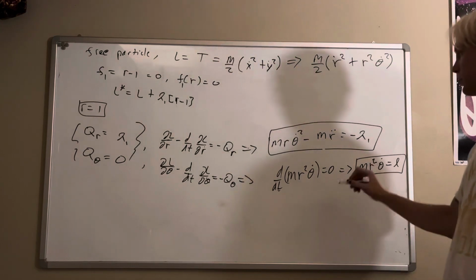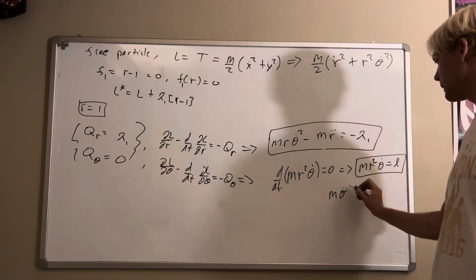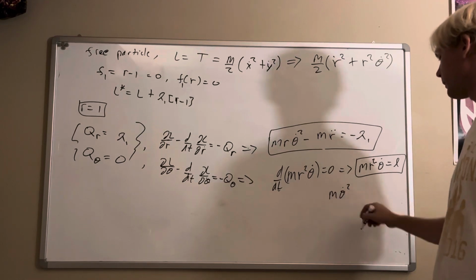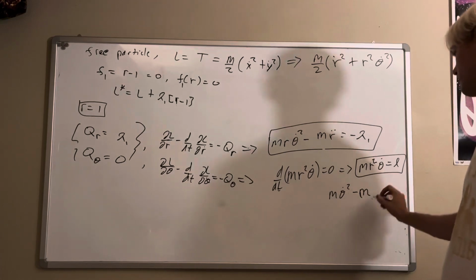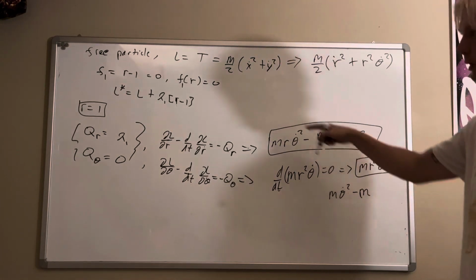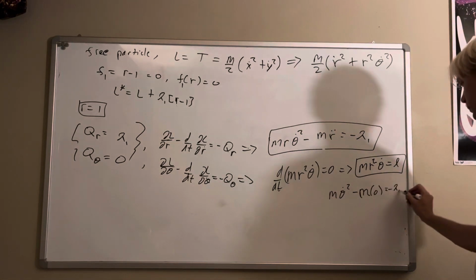So you basically just get, if we use R equals 1, m theta dot squared minus m r double dot, which is 0 because R is equal to 1, is equal to negative lambda.